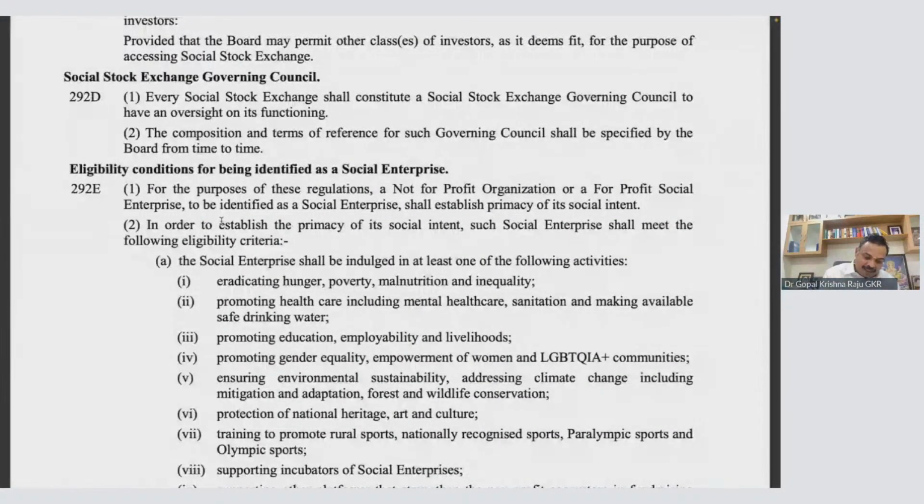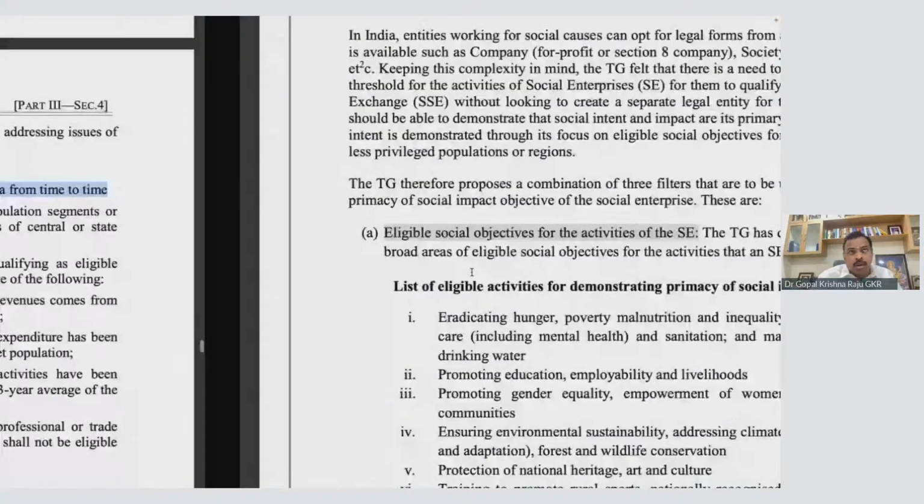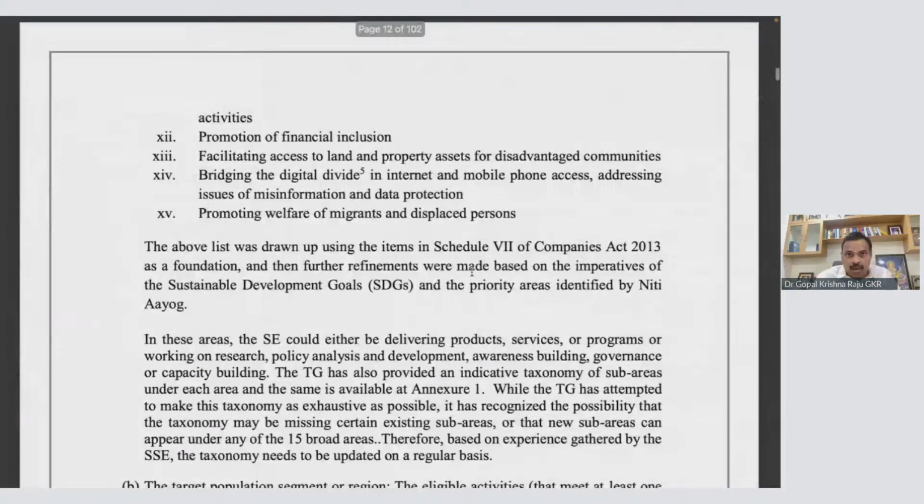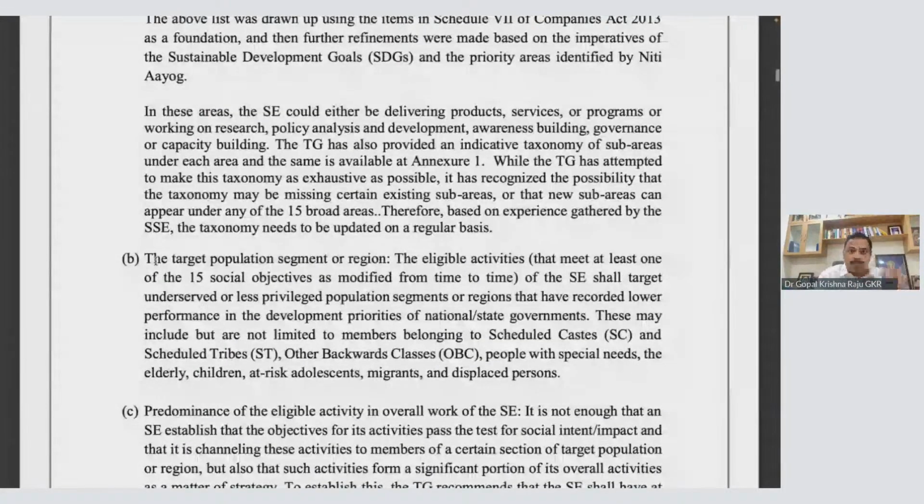So 3-filter test. E means eligible activity. Second filter. Okay, what is the second filter? Look at this. This is T. The target population segment or region. Okay. So it can be you want to focus on geography, you want to focus on an area, you want to focus on a people.